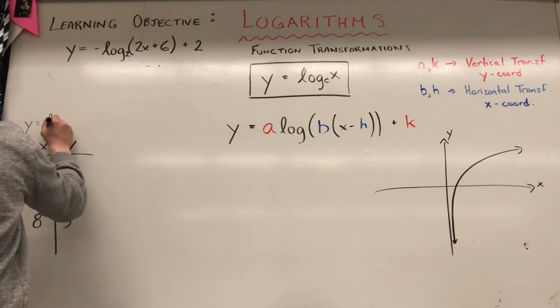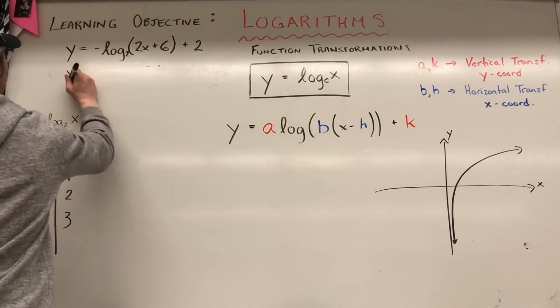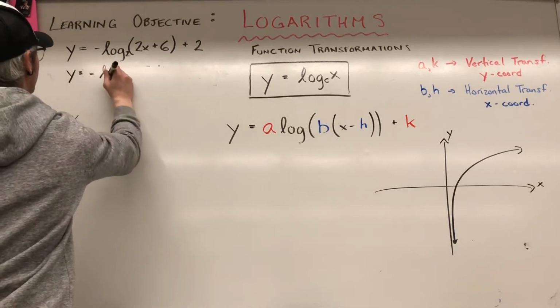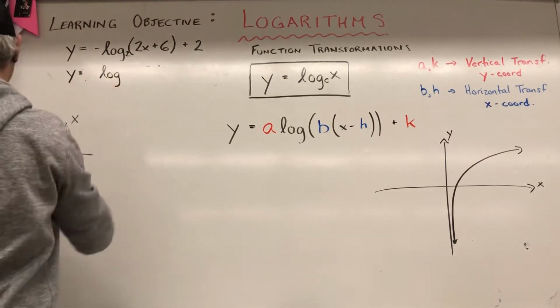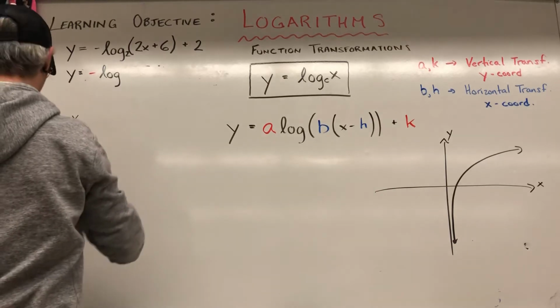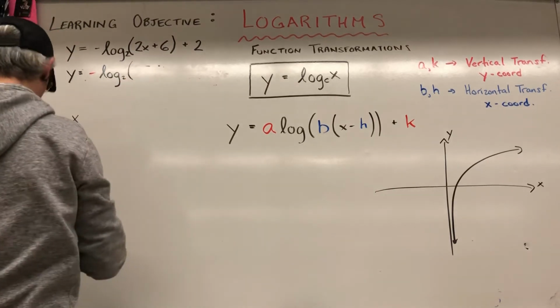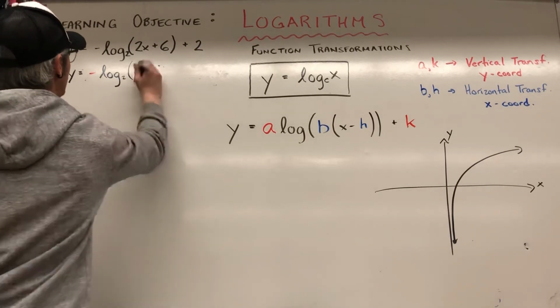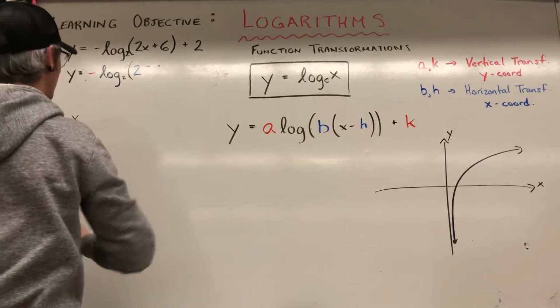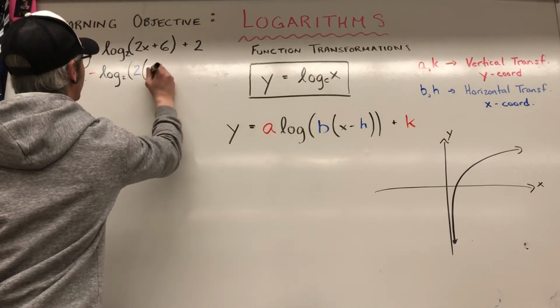Y is equal to log base 2 of x. And then I'm going to rewrite this in a more useful fashion. So I'm actually going to color coordinate them. -1. This is base 2. Now I can factor out that 2, which is going to become my b. x.